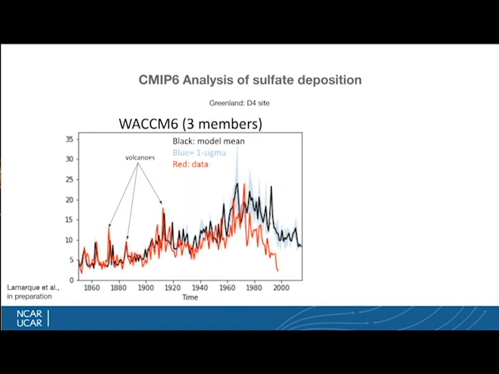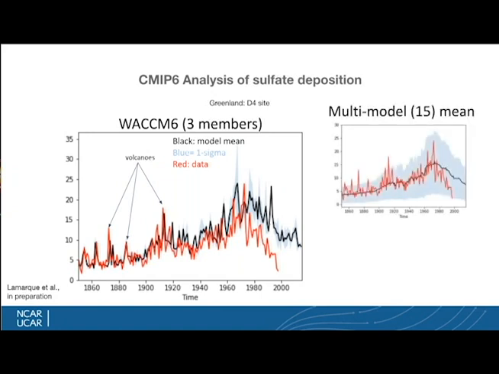So one thing that I can do is to use the multi-model mean. There are about 15 different models in the CMIP6 archive of the historical emissions that have provided the sulfate deposition fields.